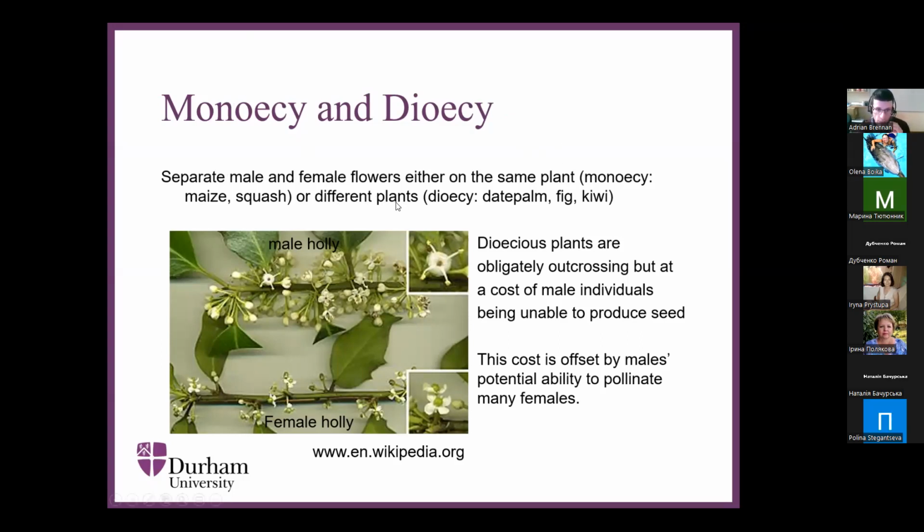If the whole plant is male or female, that's the most extreme form, because of course you're an obligate outcrosser at that point. You have to find another individual in order to reproduce. And the males, I guess, are offsetting the cost of not being able to produce seed by being able to pollinate many more females in that population.